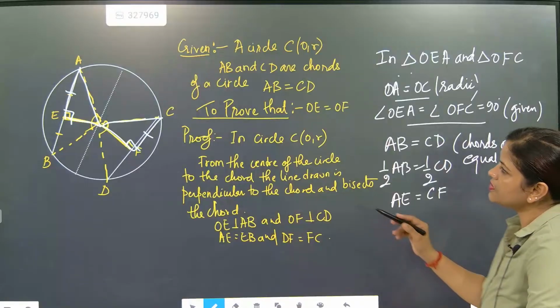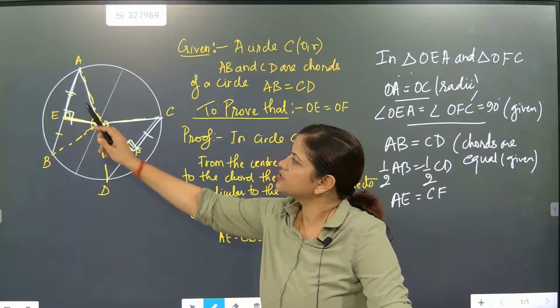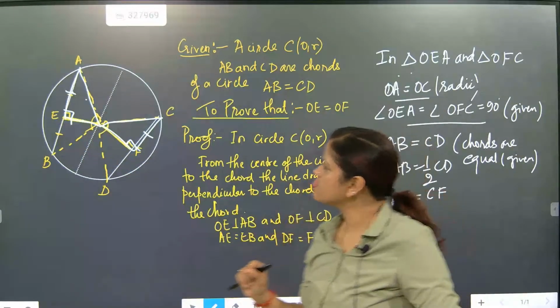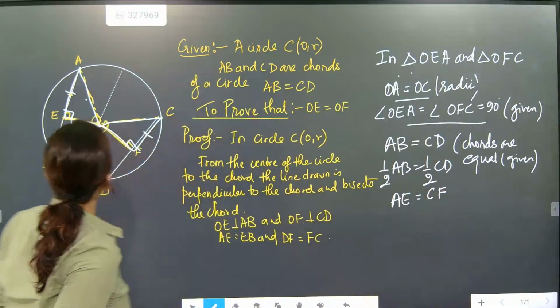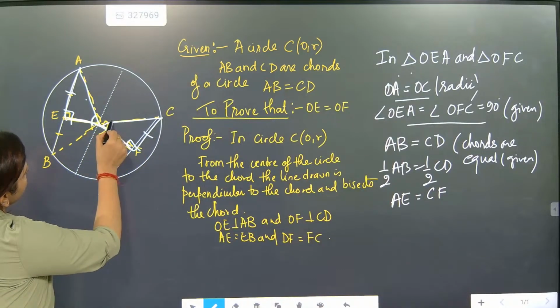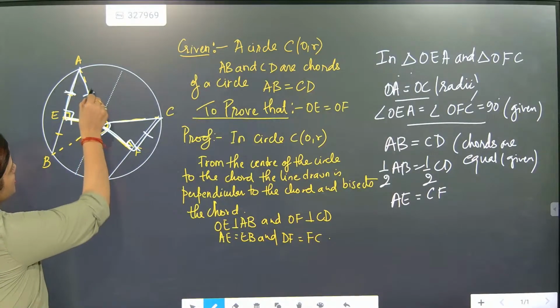Now beta, that means the triangle is getting right angle, side, it is coming as angle. We can take by vertically opposite angle also, this angle is equal to this angle, and this side is equal to this side.